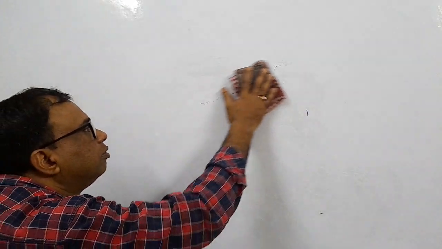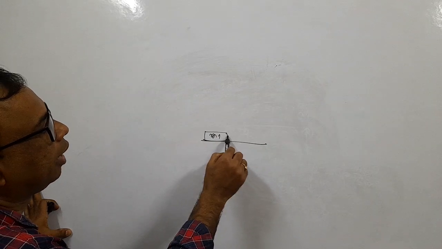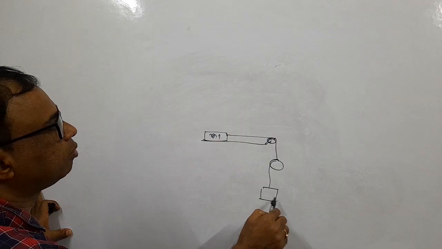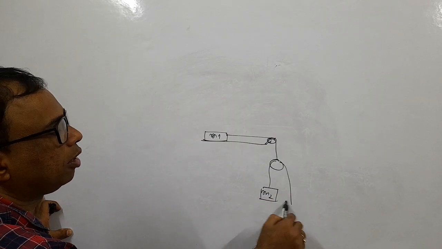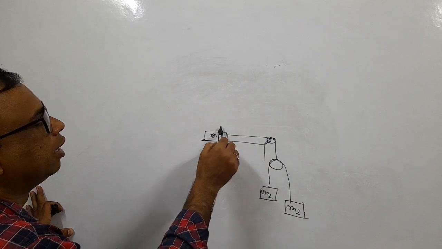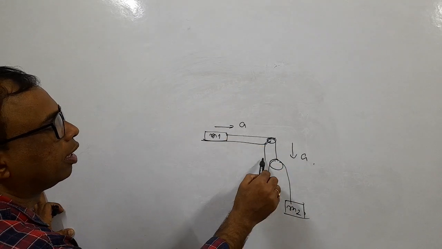Now this is very interesting. This system is used in this type of problem. Suppose this is a mass M1 and a pulley is here, and another pulley is here, and another mass system here, M2 and M3. You get the same concept I have given you.